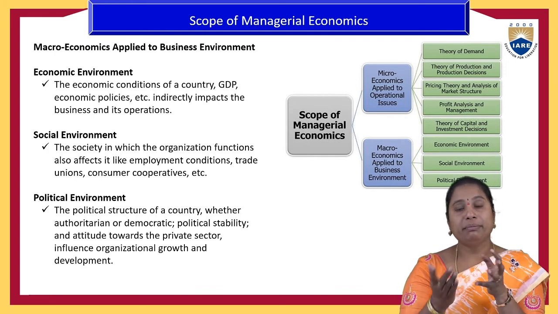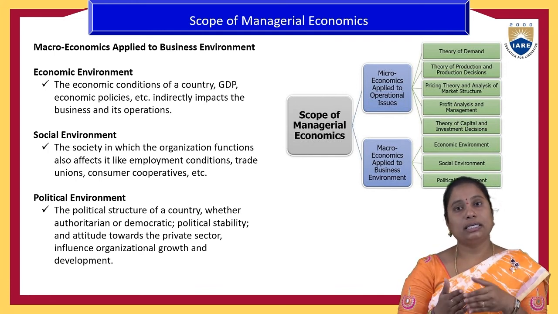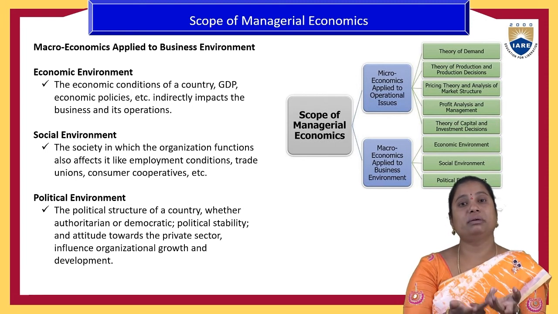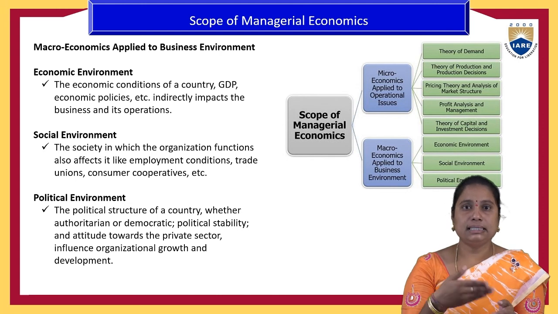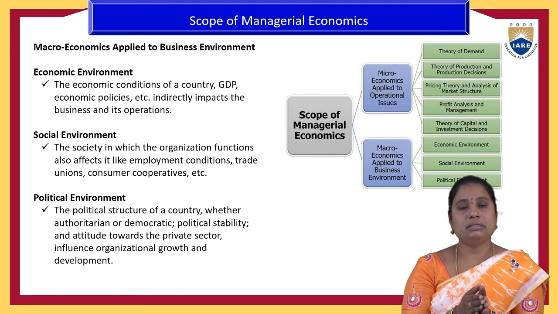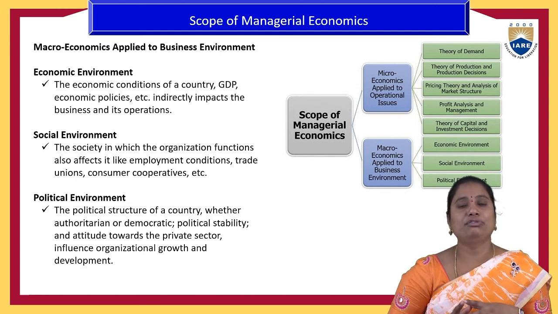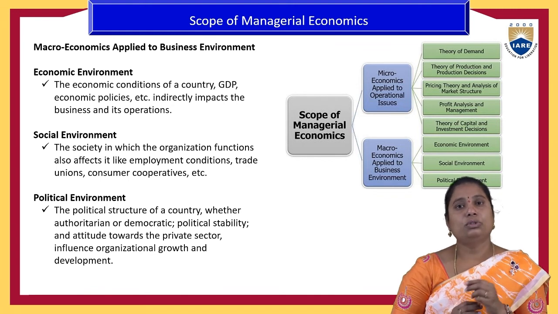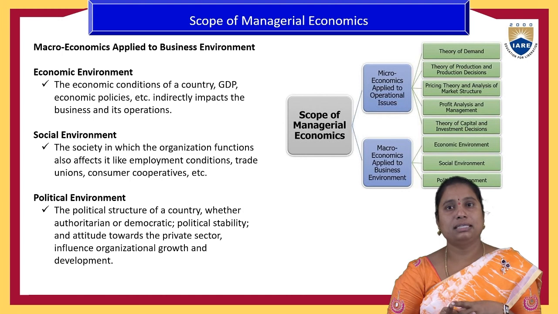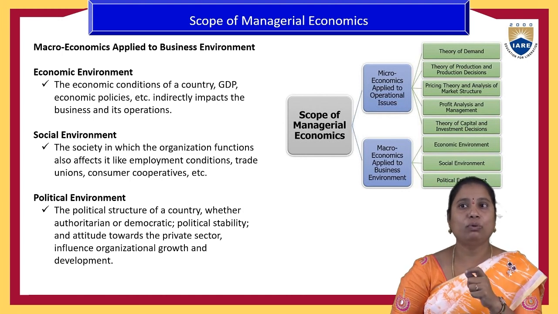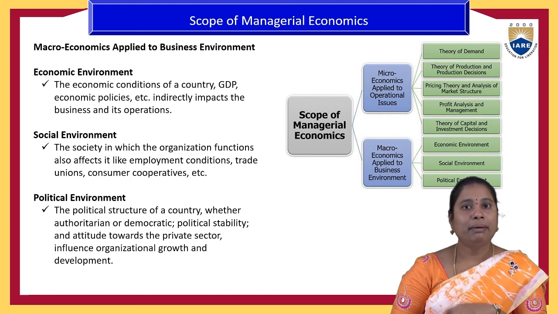Is there more bribery in that country, or is it very easy to start business activities? Is it easy to take decisions on business matters? Everything matters for the organization. So if they think about all these elements in business activities, it is called the political environmental elements on the business.